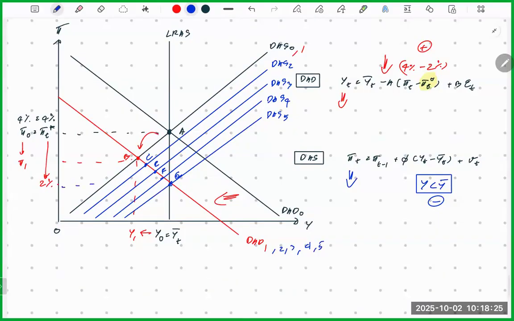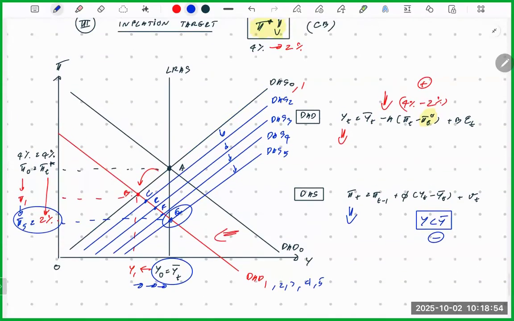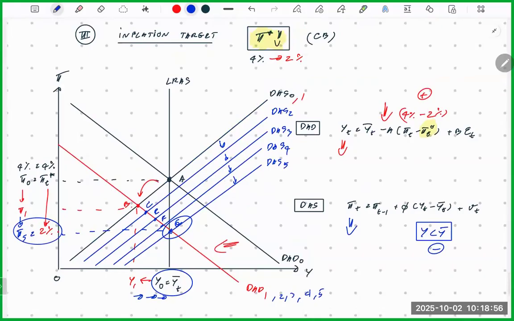Now, at point G, inflation on day 5 is equal to the target. GDP goes to the right, equal to Y bar at point G. You see that? Okay. So it takes 5 days to go back to normal. And in the end, inflation is lower, equal to the new target, 2%. This is how the economy adjusts itself.